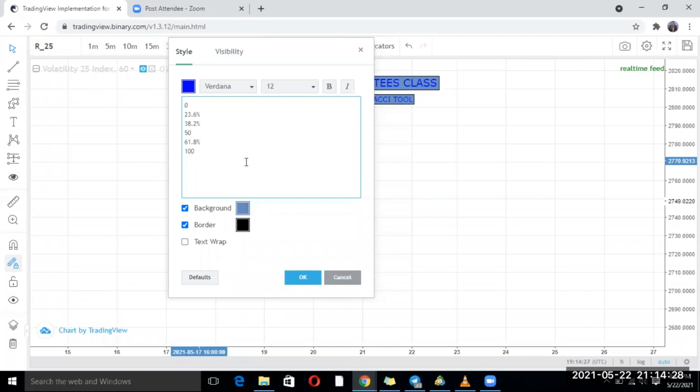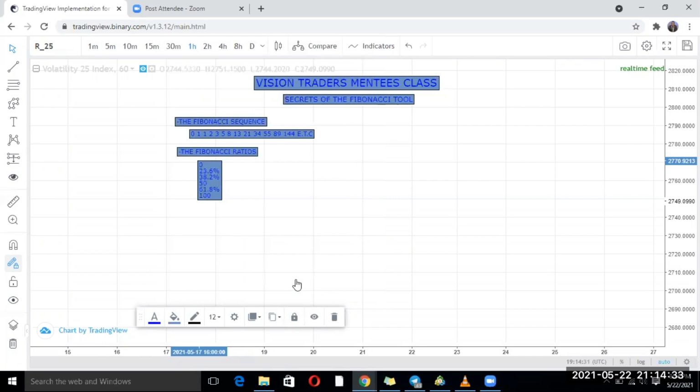So now we have the Fibonacci sequence and the Fibonacci ratios. This is how Mr. Fibonacci came about the Fibonacci ratios. Aside from the sequence of numbers, adding the previous number to the preceding number to get the next number, just like in an arithmetic sequence: 0 plus 1, 1, 1 plus 1, 2, 2 plus 1, 3, 2 plus 3, 5, and so forth.